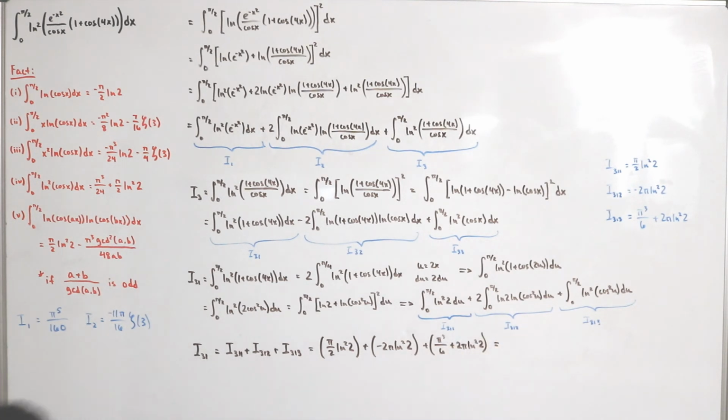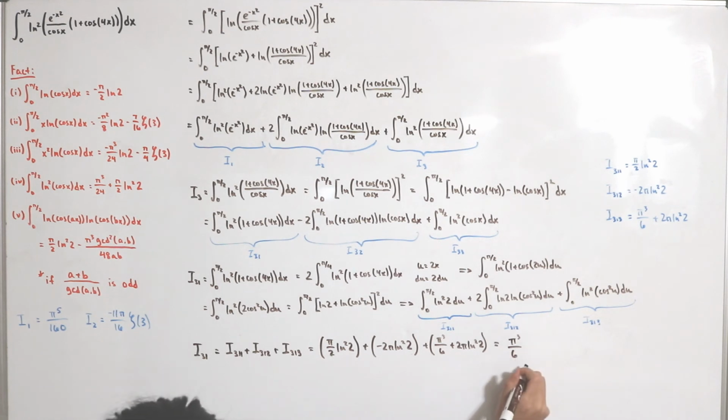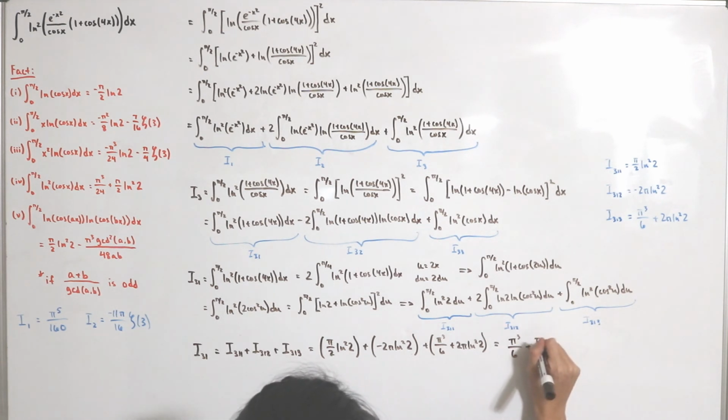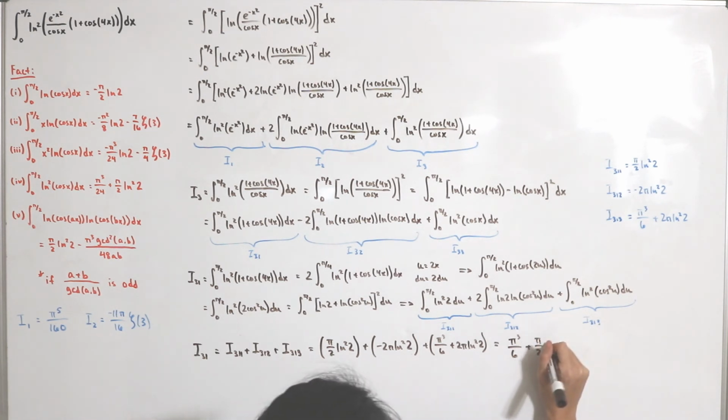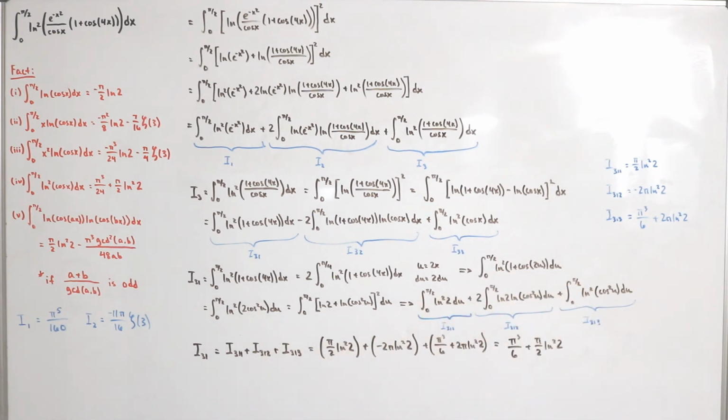Okay, cool. And now you just notice that these two terms cancel out. So the only thing we have left is just pi cubed divided by 6, and then plus pi over 2 multiplied by ln squared 2. Okay, nice. So that's our I sub 31.